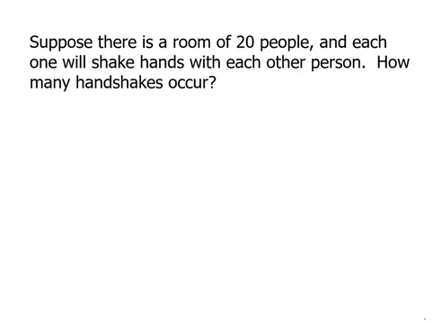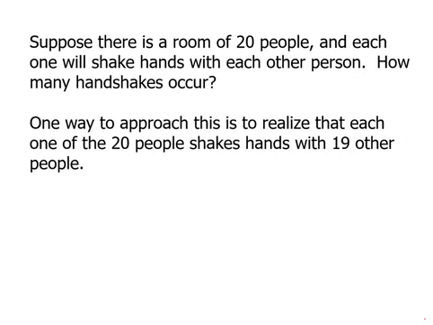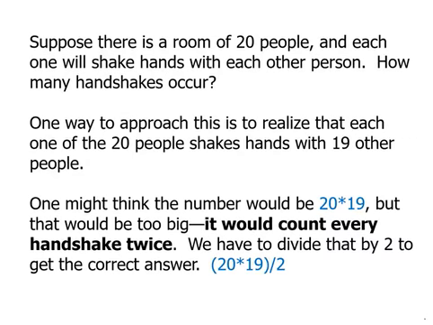So here we're going to jump in with a fundamental counting principle approach. Suppose there is a room of 20 people, and each one will shake hands with every other person. How many handshakes occur? One way to approach this is to realize that each one of the 20 people shakes hands with 19 other people. One might think the number would be 20 times 19, but that would be too big. It would count every handshake twice. In other words, that would count me shaking hands with Elliot, and it would also count Elliot shaking hands with me, but that's only one handshake.